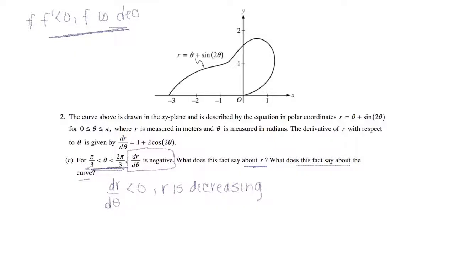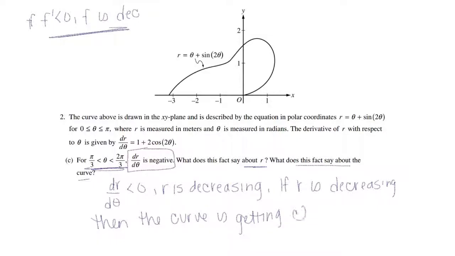And so let's see, what does that say about the curve itself? Well, if r is decreasing, then the curve should be getting closer to the origin, I would think. Yeah, closer to the origin.